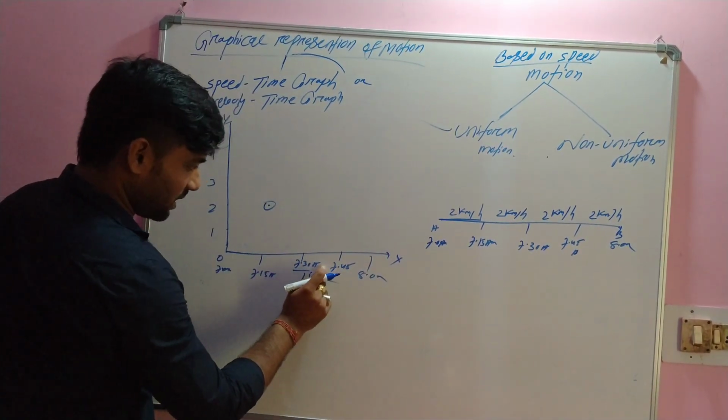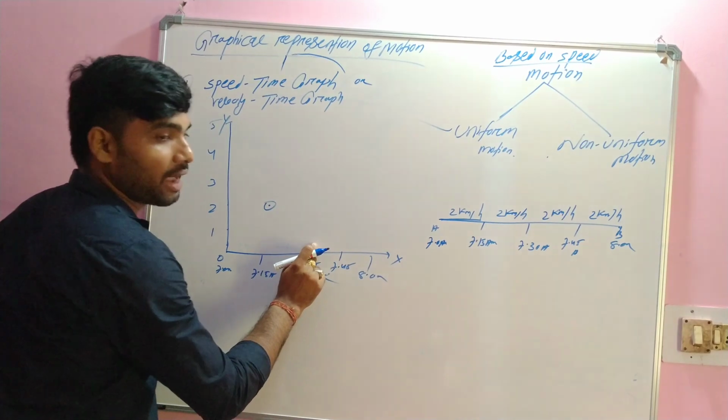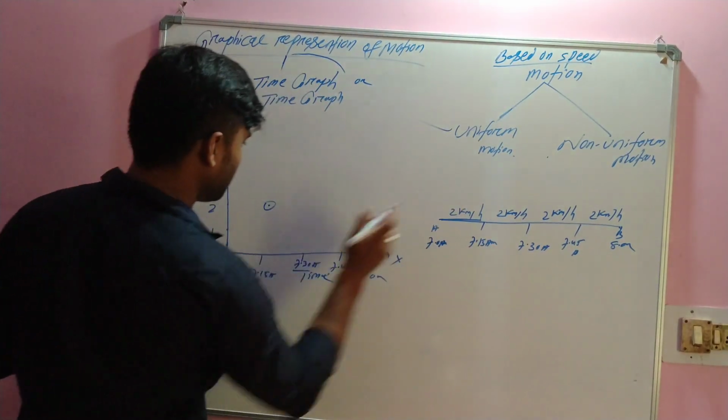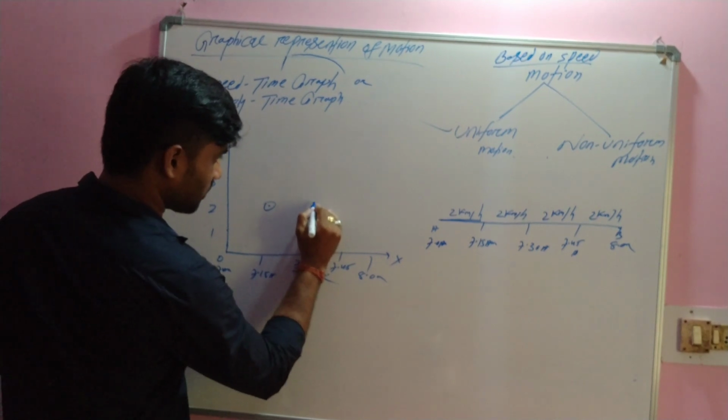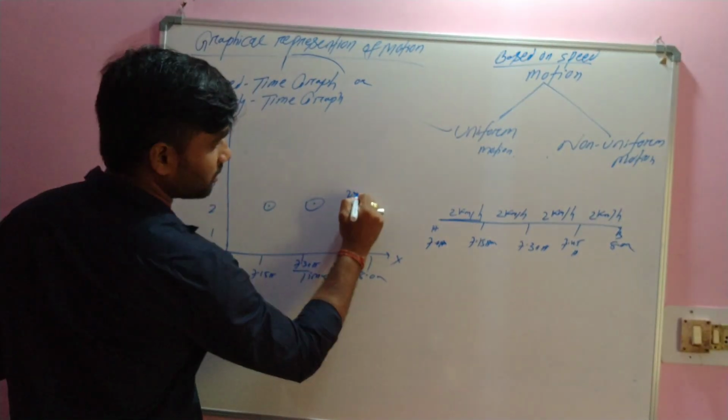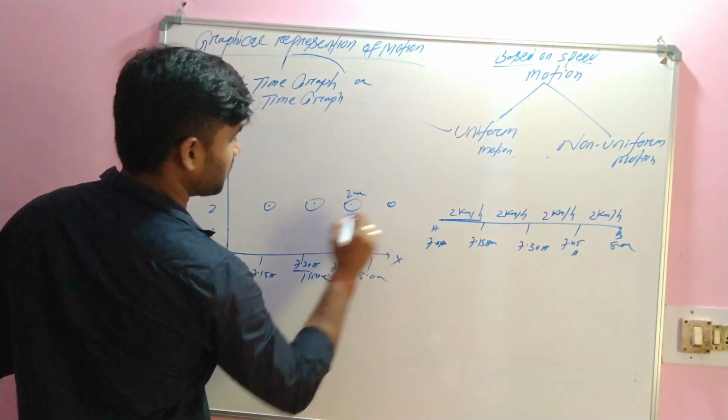In the next 15 minutes, at 7:30 a.m., its speed doesn't change. That means the same speed, also 2 kilometers per hour. Next 15 minutes, the same 2 kilometers per hour. Next 15 minutes, 2 kilometers per hour.